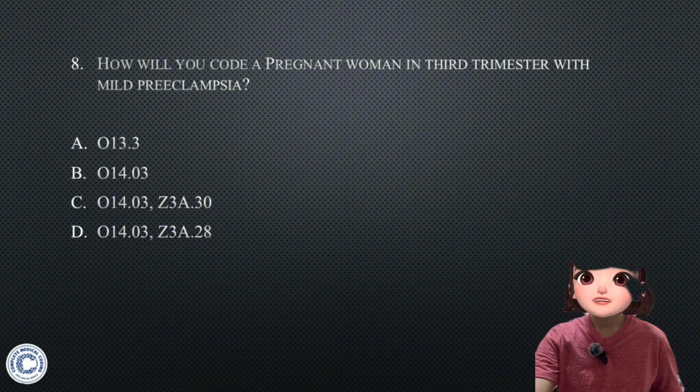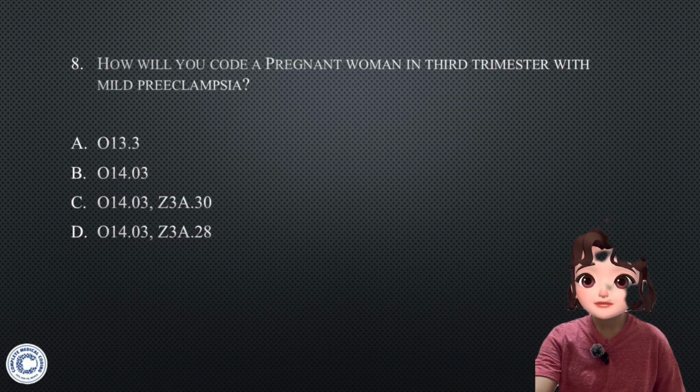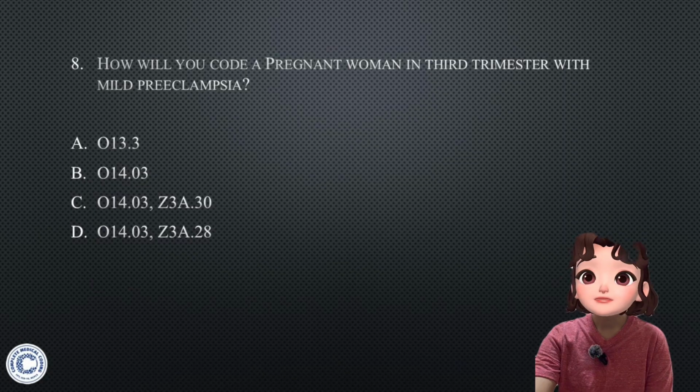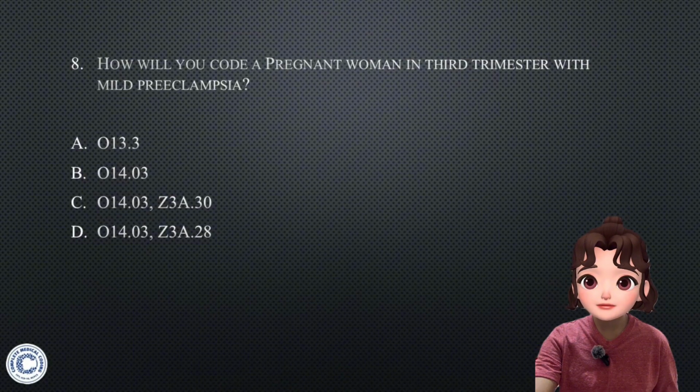So moving to first code O13.3. What is O13.3? O13.3 is gestational hypertension without significant proteinuria, third trimester. Now we need mild preeclampsia. So that hypertension code is wrong.